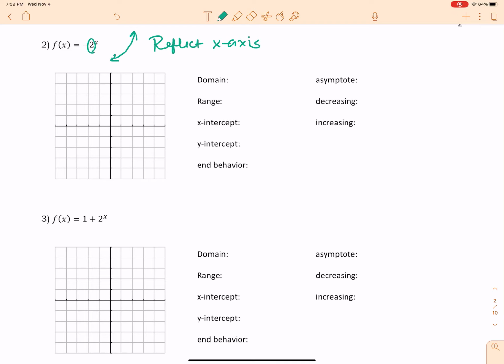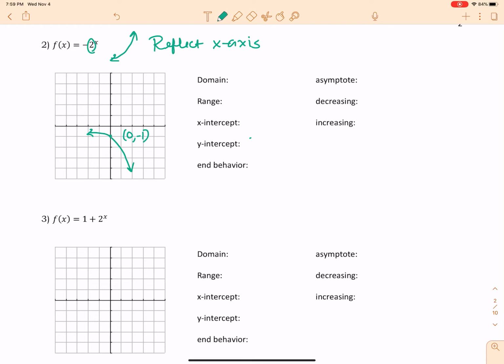Everything else should be fairly easy for you. I know the parent would look like that. So if it reflects over the x-axis, it's going to do this now. We just have to read the graph, and this should be easy peasy lemon squeezy.